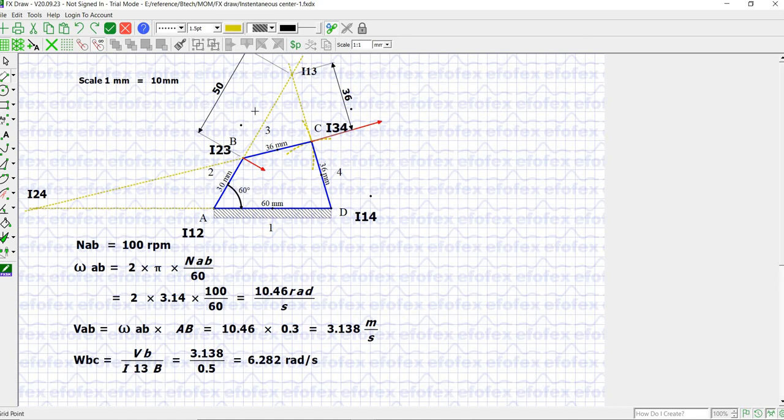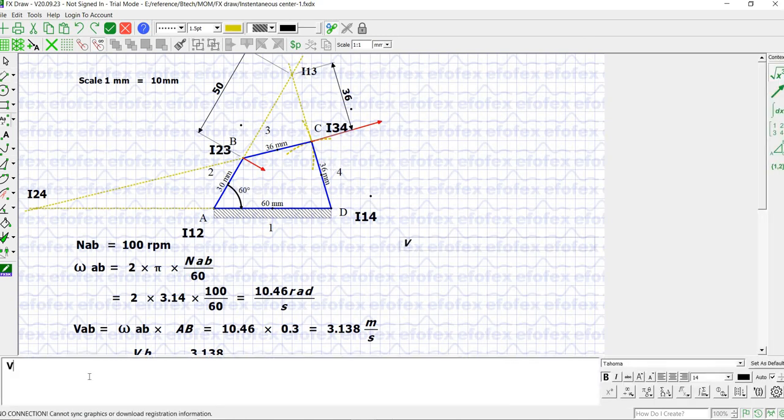We know the angular velocity of BC, so we can find out the linear velocity of C. The linear velocity VC is omega BC into I13C.